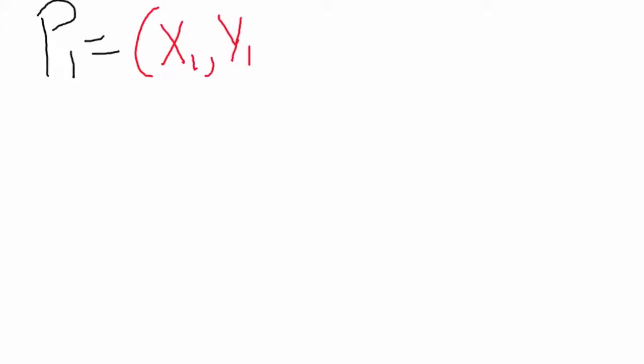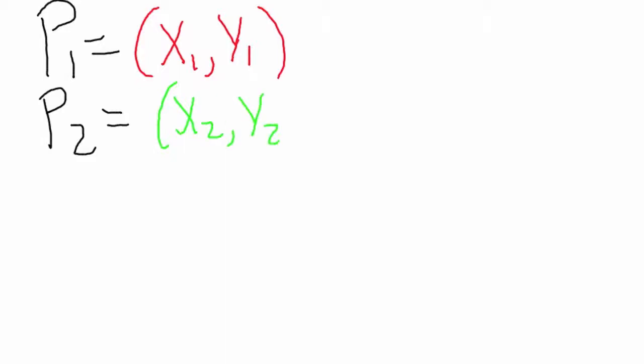Now, let's say we have point 1, which is equal to (x1, y1), and point 2, which is equal to (x2, y2). And I put the 2 points in different colors for a reason you will notice next.